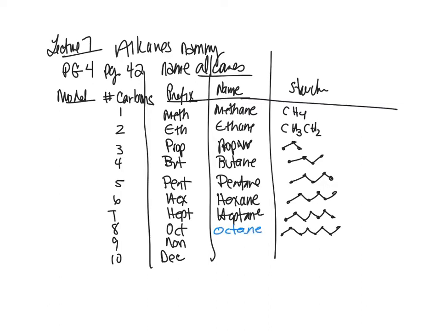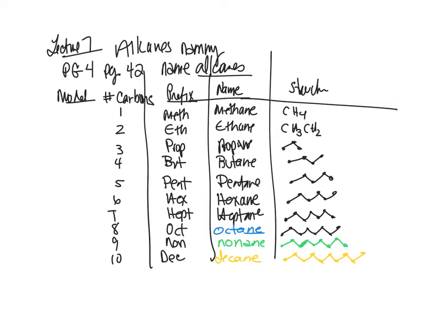You see how you add the A and E? Nonane, 3, 4, 5, 6, 7, 8, 9, and then decane. 1, 2, 3, 4, 5, 6, 7, 8, 9, 10. I won't ask you anything greater than decane, okay?